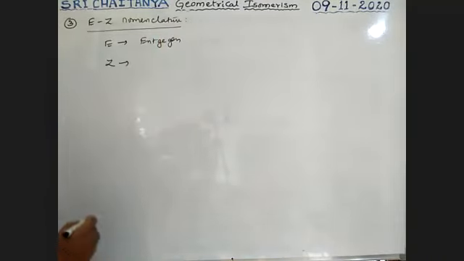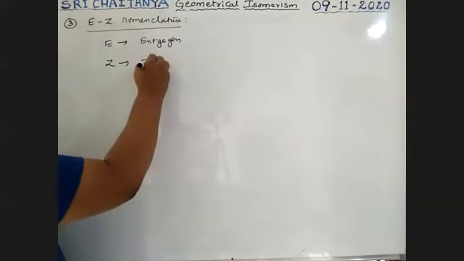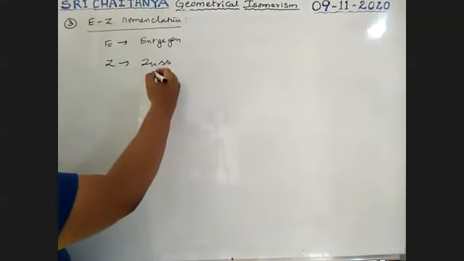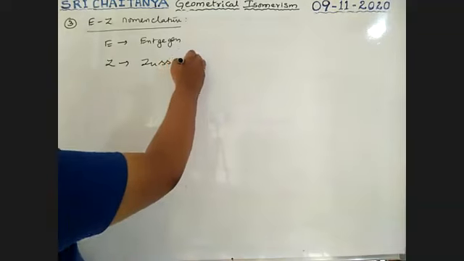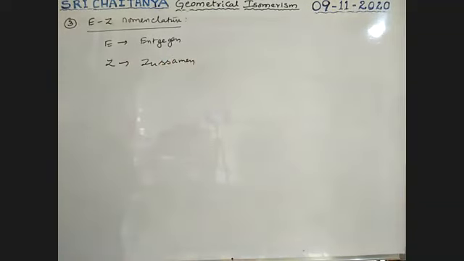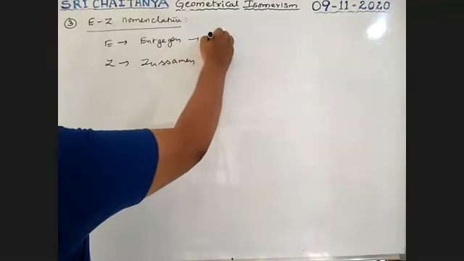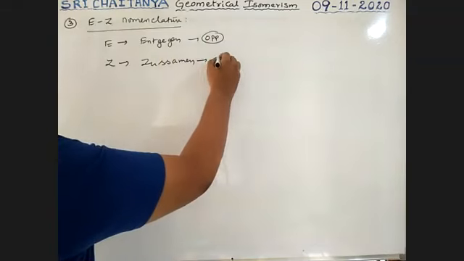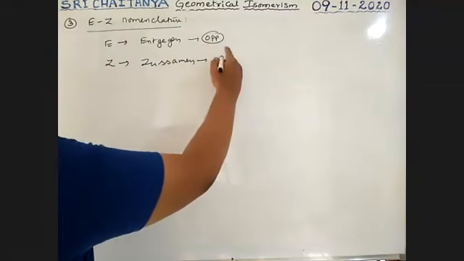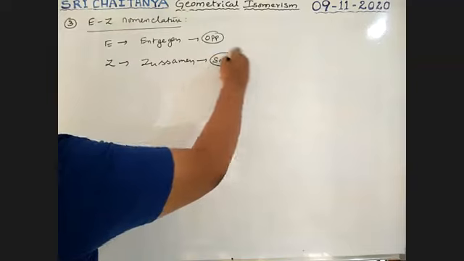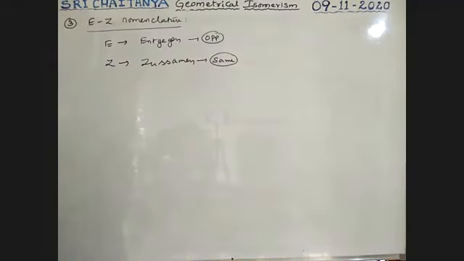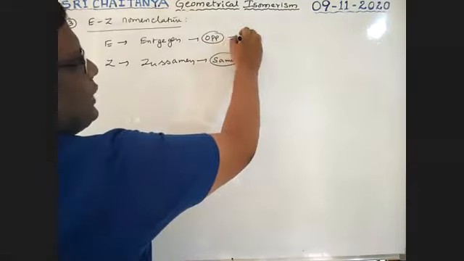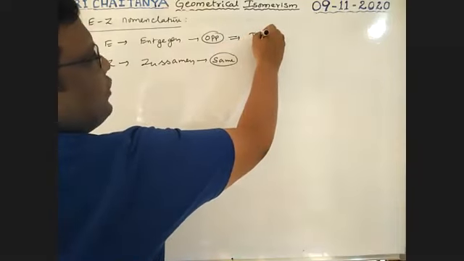Z means Zusammen, Z-U-S-A-M-M-E-N. Entgegen means opposite side. Zusammen means same side.